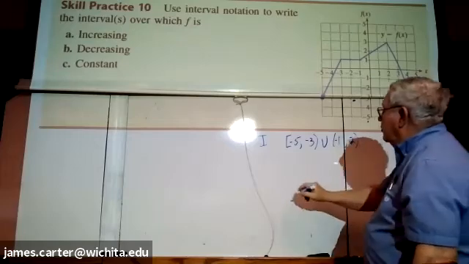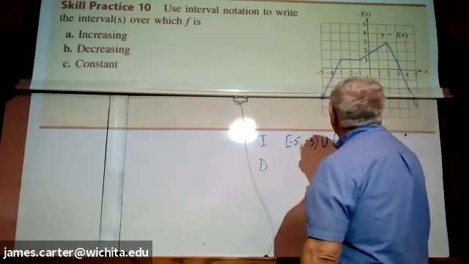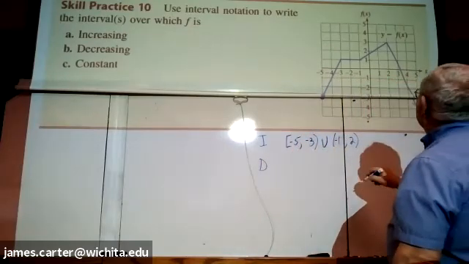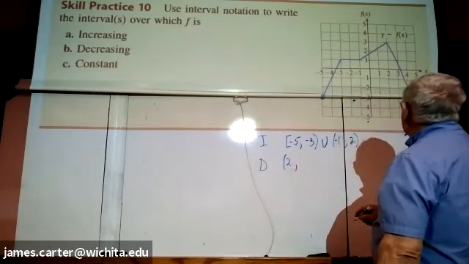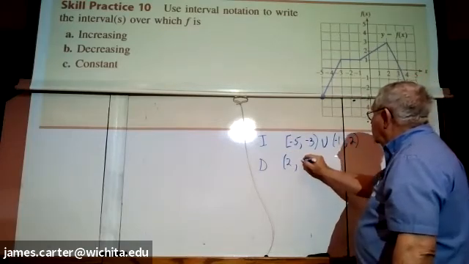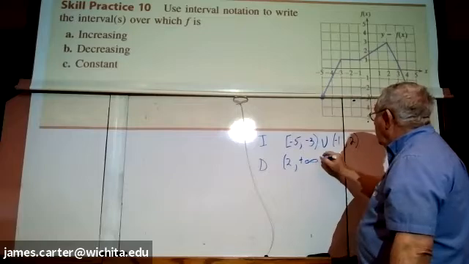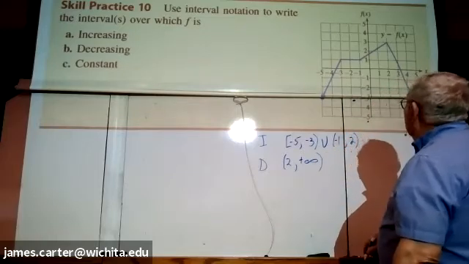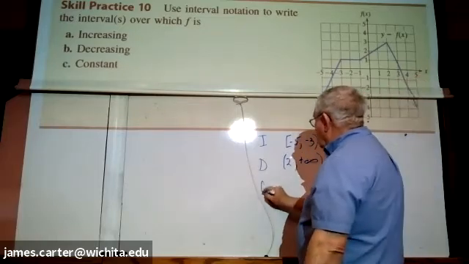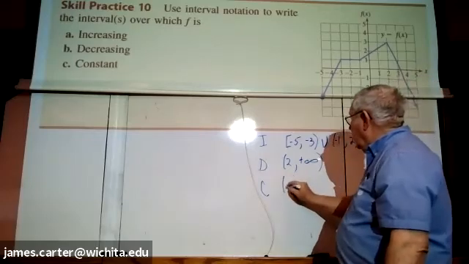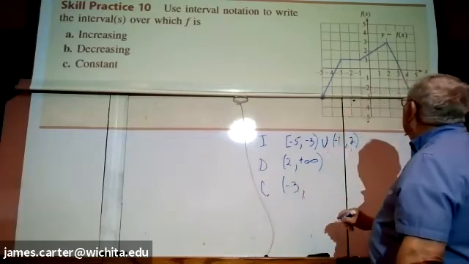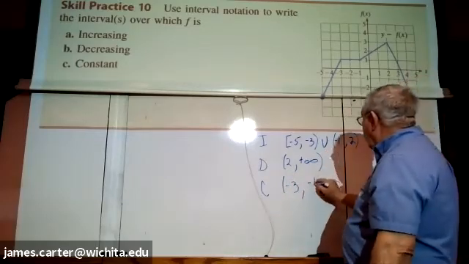And that would be the increasing. The decreasing would be from 2 to positive infinity. And the constant would be from -3 to -1.